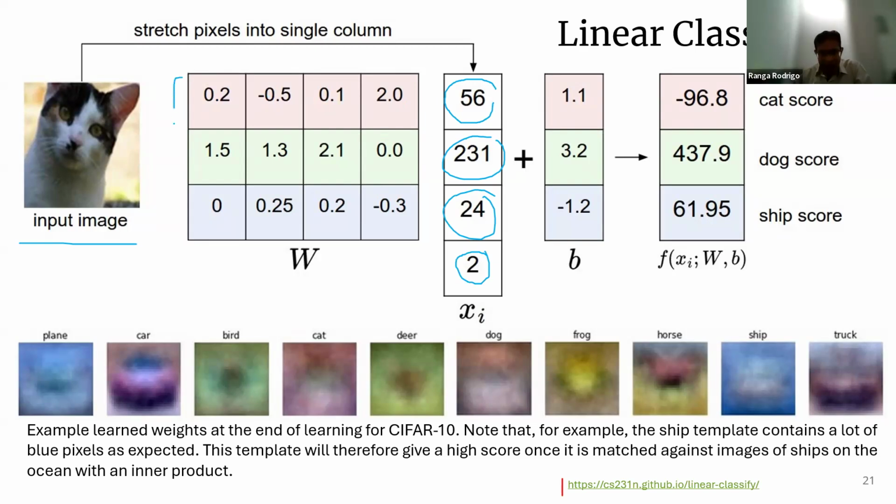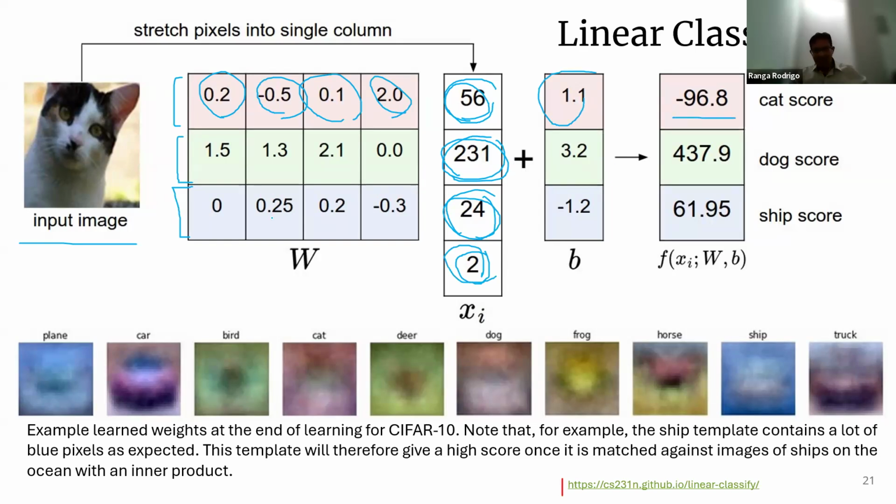This is the row for the cat, this is the row for the dog, and this is the row for the sheep. To get the cat score, you take this number and multiply with 56, take this minus 0.5 and multiply with 231, take 0.1 and multiply that with 24, and take 2 and multiply that with 2, and let's add this bias b, and then you get minus 96.8.